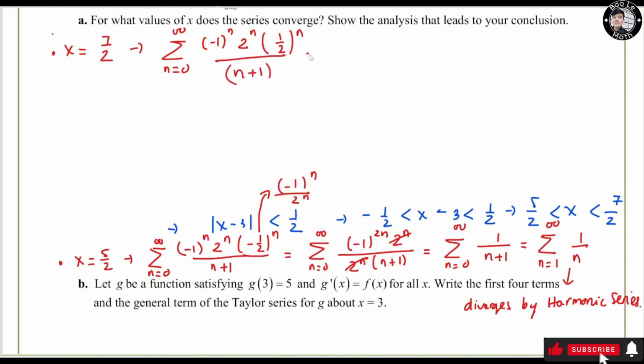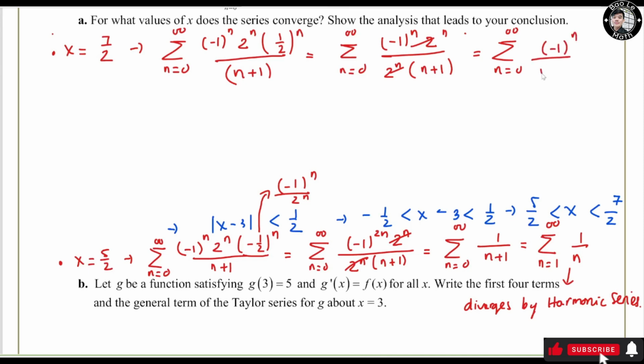So the series becomes negative 1 raised to the n times 2 raised to the n, and this becomes 1 raised to the n over 2 raised to the n. So I have 2 raised to the n right here, and this guy cancels out. So I have the series from n equals 0 to infinity of negative 1 raised to the n over n plus 1.